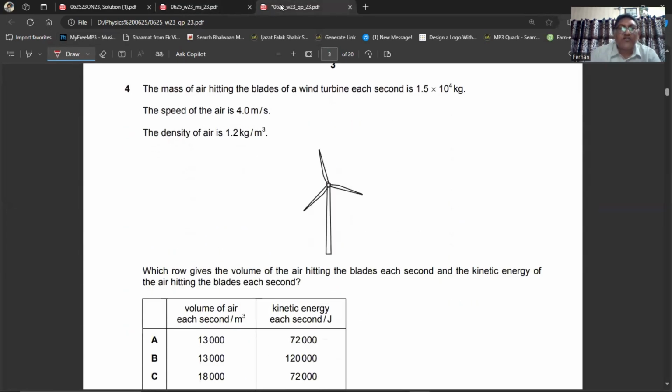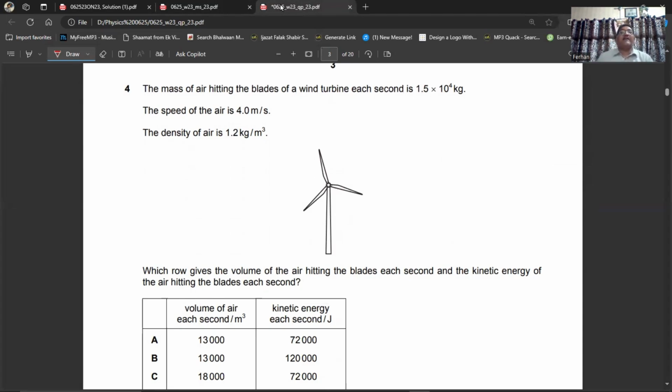Okay. Now we are going to the next question, question number 4. He says the mass of air hitting the blades of a wind turbine each second is 1.5 x 10^4 kg. The speed of the air is 4 meter per second. The density of the air is 1.2 kg per meter cube.